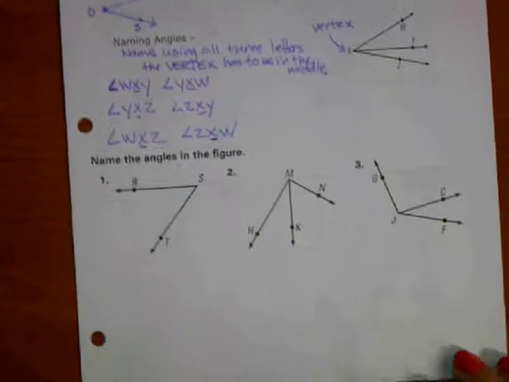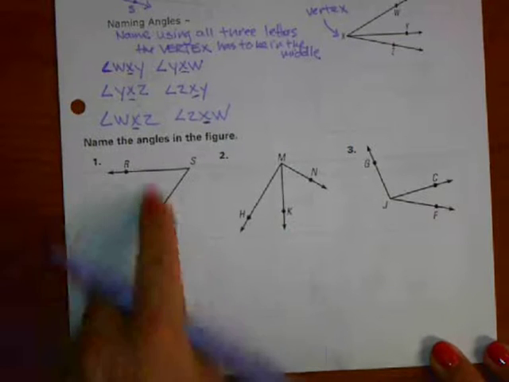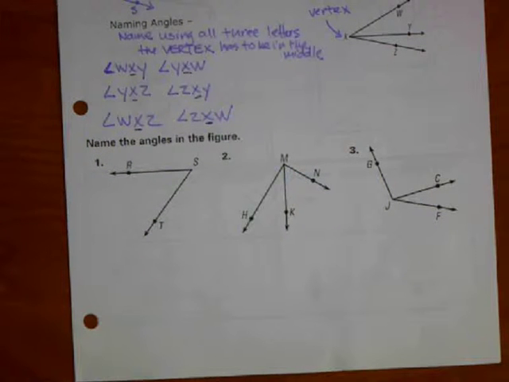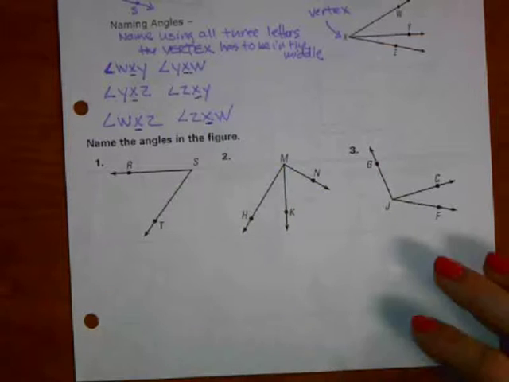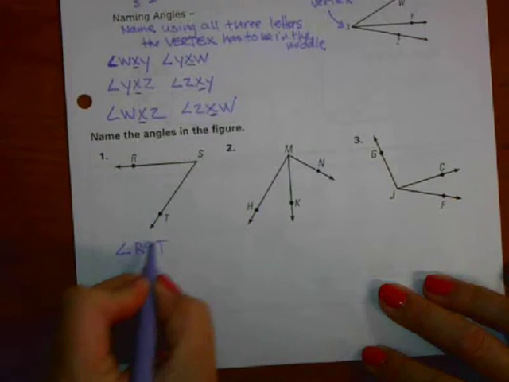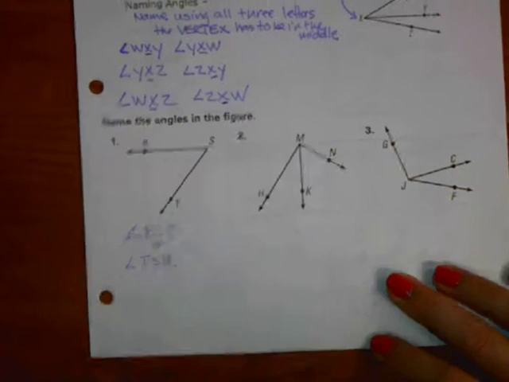Okay, all right, name the angles in the figure. I want you to take a minute to name just this one. There are two ways to name it. Actually, there are three, but I didn't show you the third way yet. Okay, so hopefully you wrote angle RST, or angle TSR.